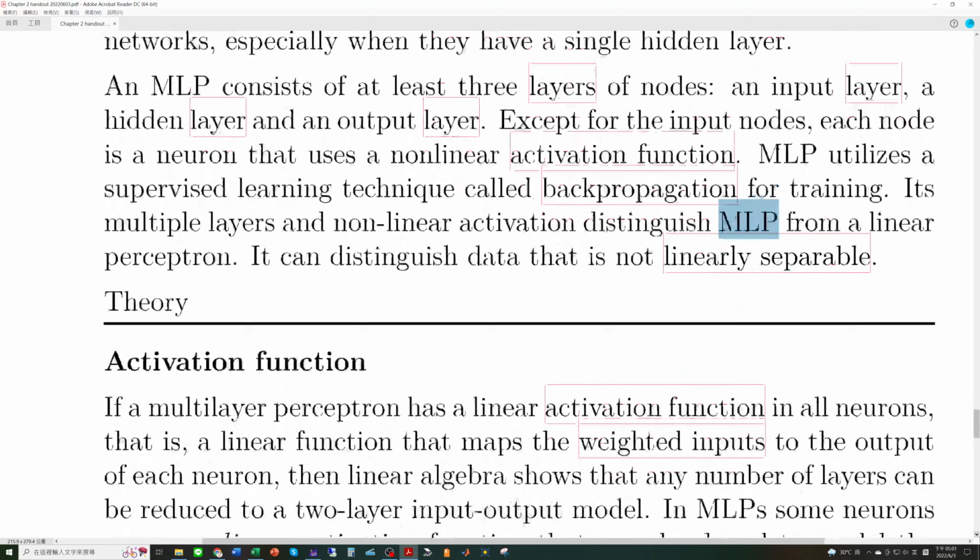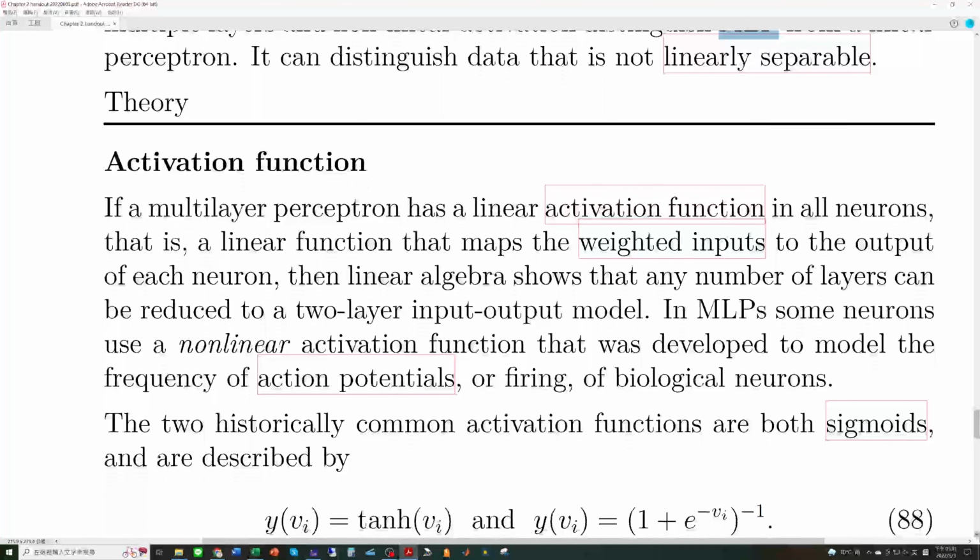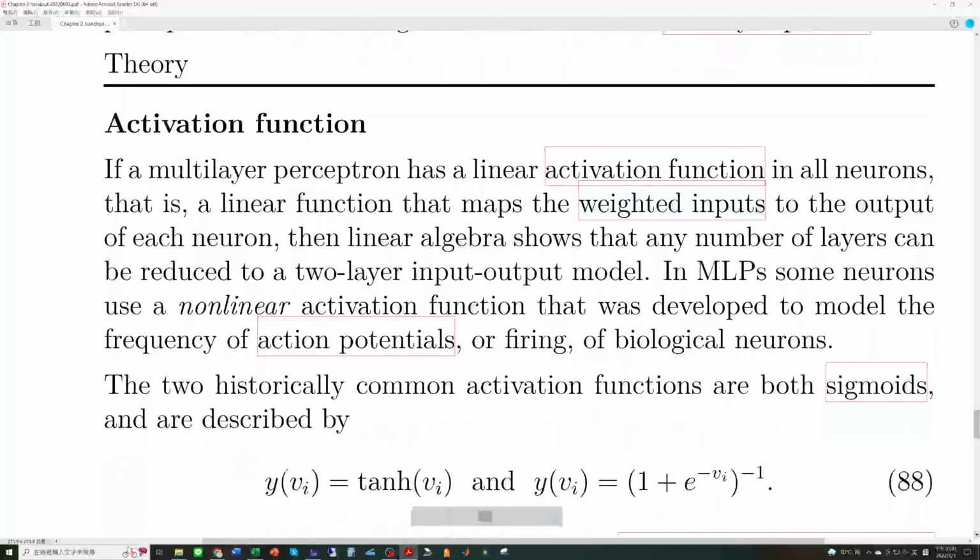Next, let us look at the theory of MLP. First, let us look at the activation function.